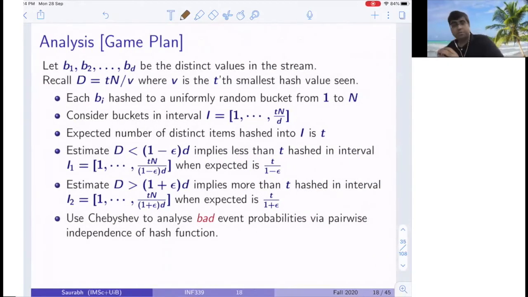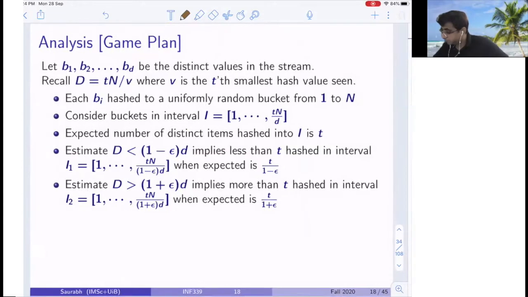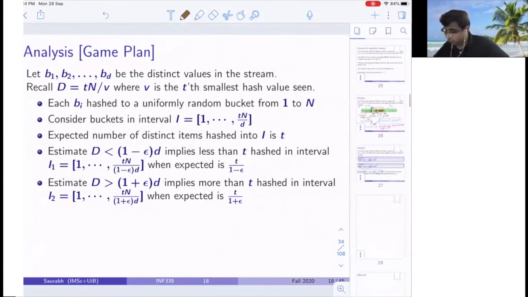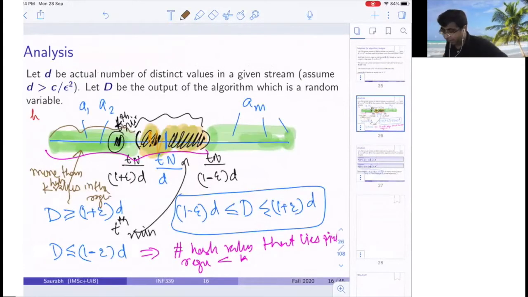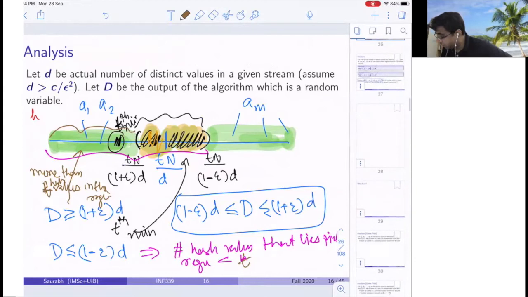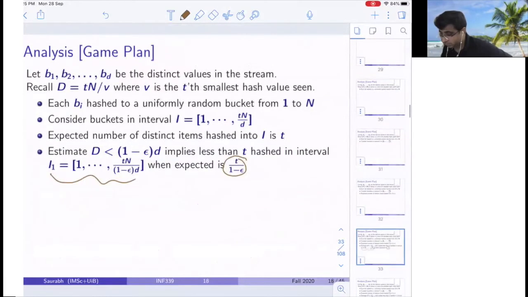Okay. So now we will use Chebyshev to analyze this bad event probability using the pairwise independence of the hash function. Let's go back to the picture we just drew. If D is less than 1 minus epsilon by D, it means that fewer than T values went into that interval.